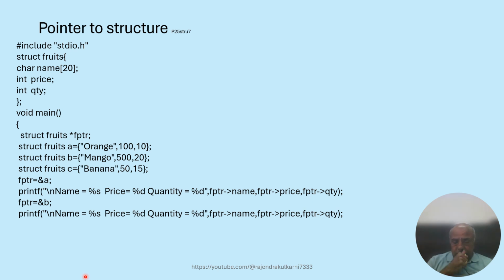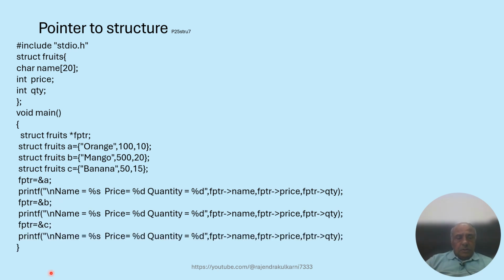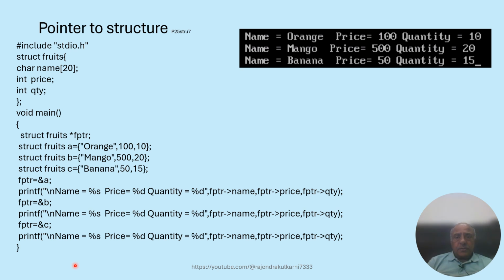Then the same thing we had done by assigning the address of variable B of type struct fruits, and then for variable C, which we have declared here and initialized here. So when I ran this program, this is the output. The first printf statement gave me the name of the fruit as orange, price 100, quantity 10, then mango 520, and banana 50 and 15.